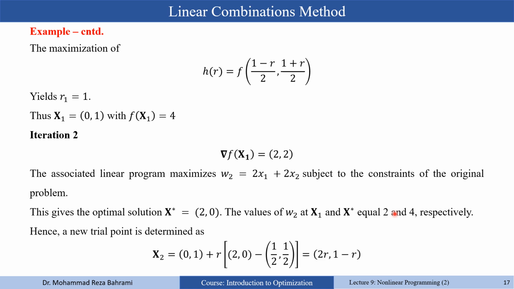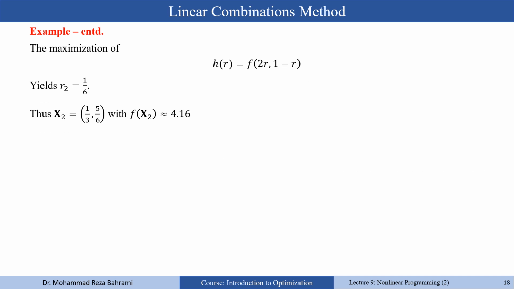So x2, again, you have this. So we have a function of R. So this is a single variable function. You are getting R2, and R2 you substitute again into Rx2, and F2 is 4.16.